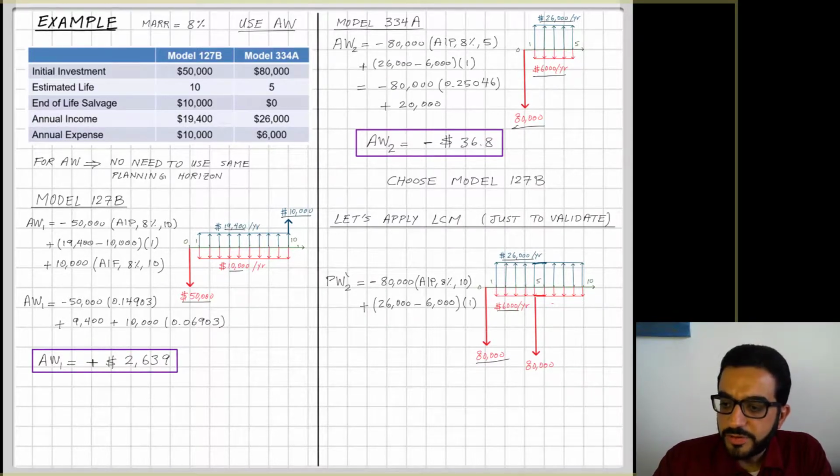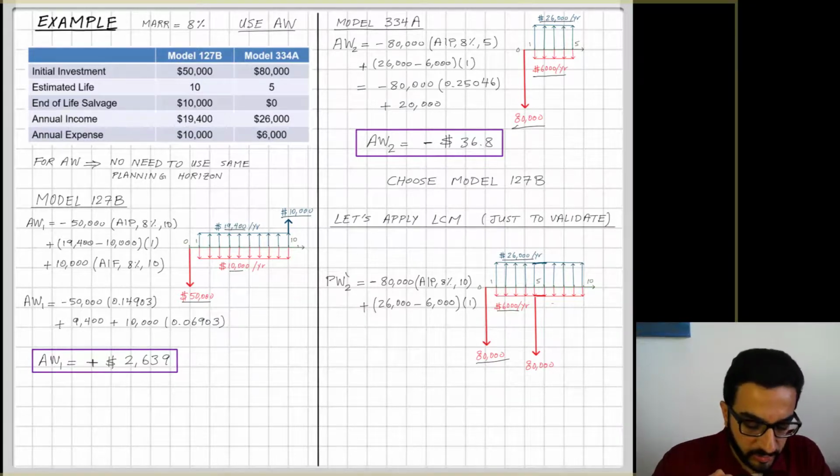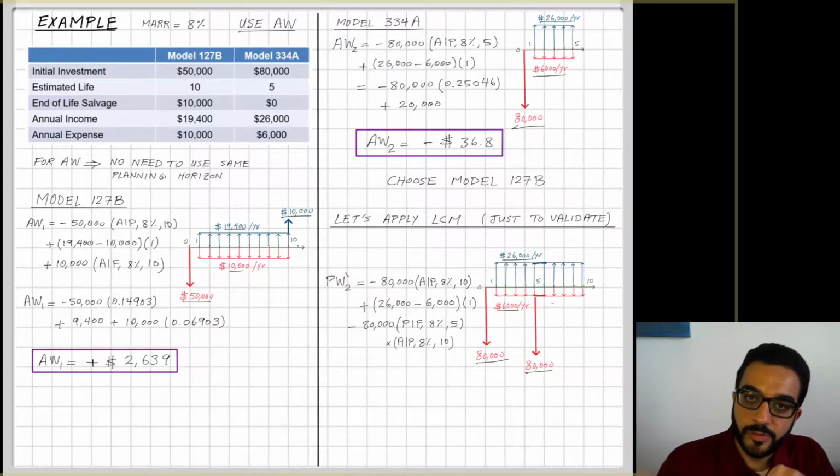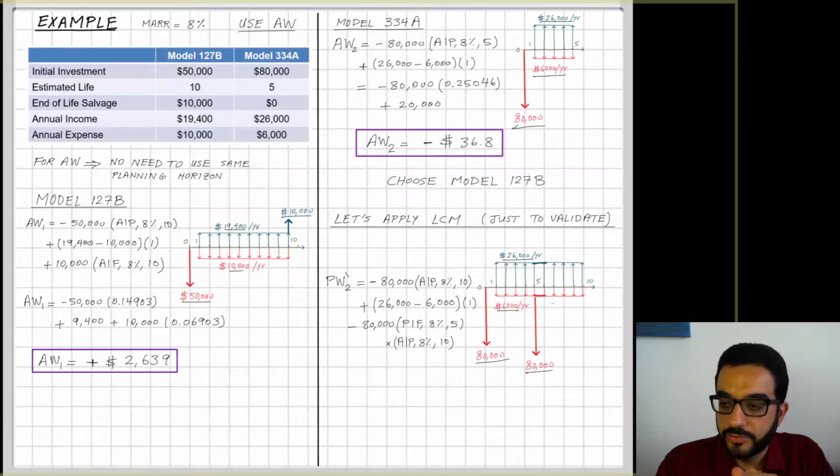So I will have here the initial investment, A given P, 8%, but now not 5, I'm analyzing 10 years. And then the uniform series of income and expense will be multiplied by 1. I'm left with one interesting one, which is the 80,000, the investment of the second cycle for this model of oven. And that one is interesting because I have to bring it to the present and then use that present to calculate the annual worth or annual value series of it.